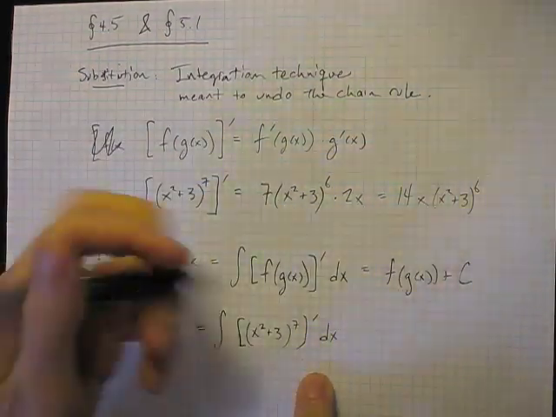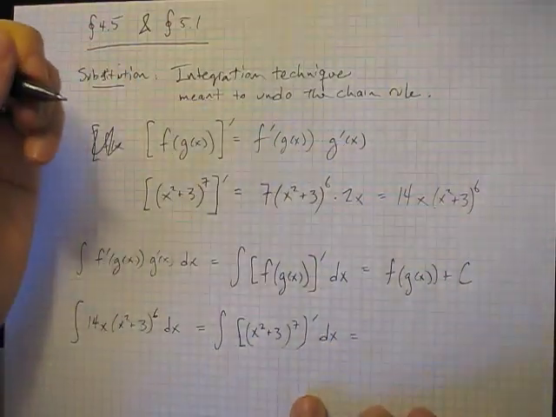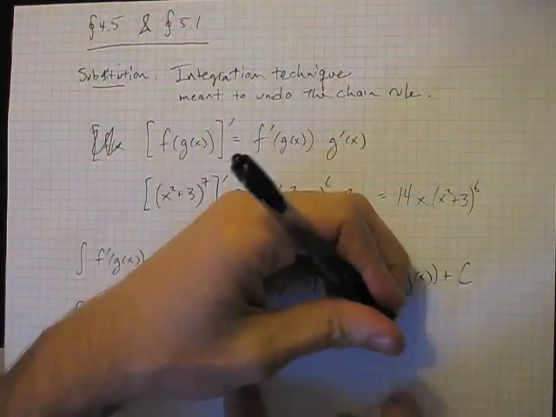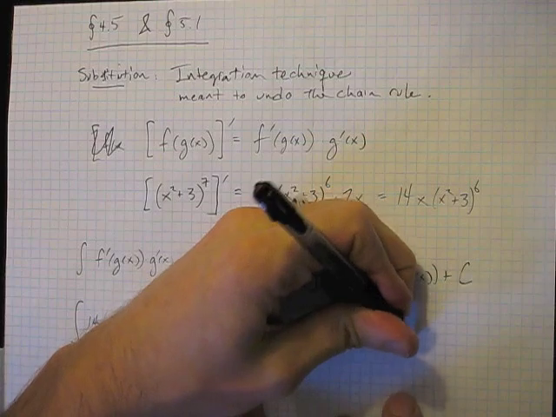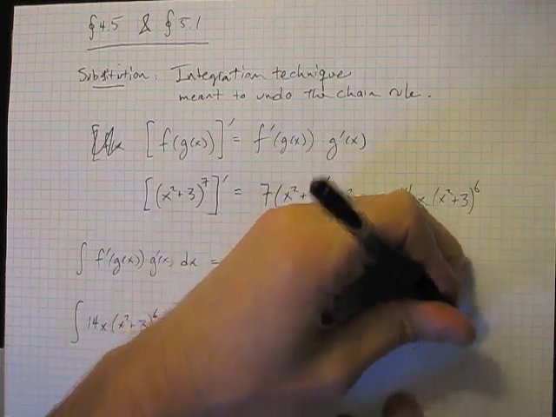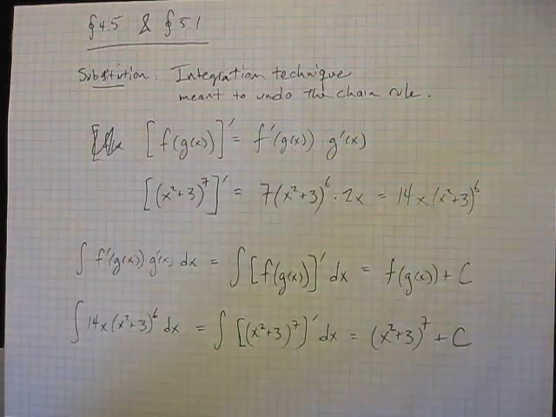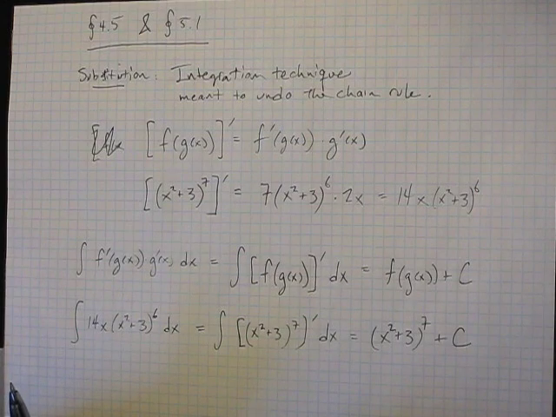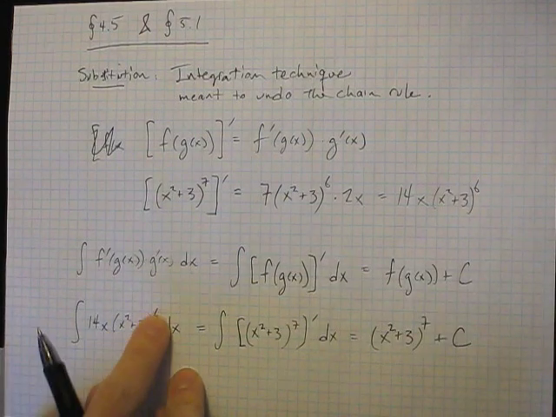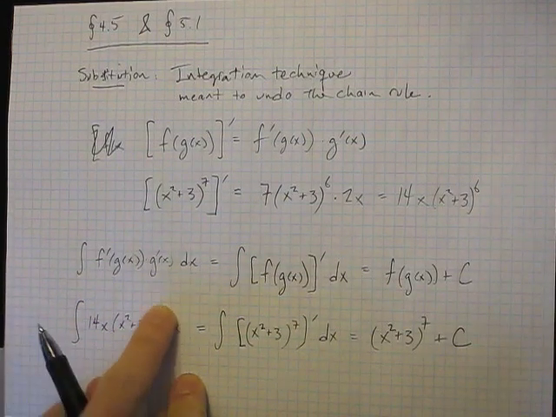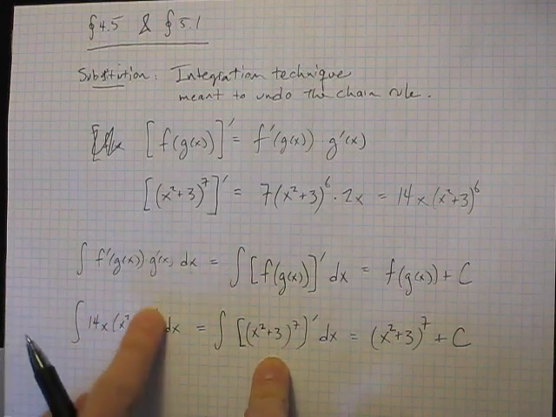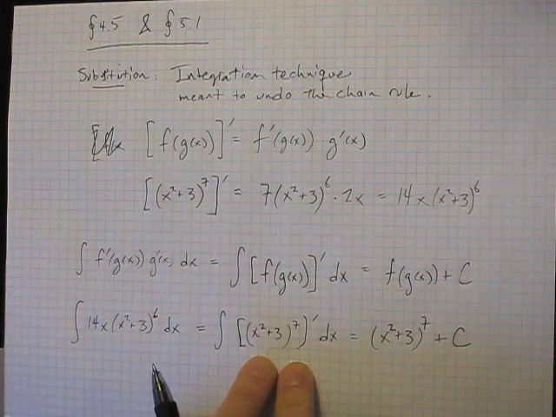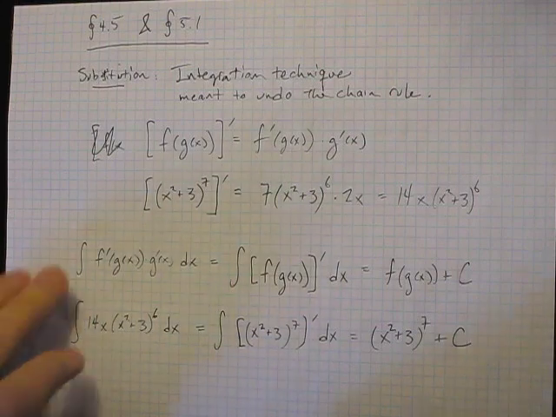And so we could cancel the differentiation and the integration to get x squared plus 3 to the 7th power plus c as the answer. Okay, but how do you do this? Looking at this and saying somebody took a derivative using the chain rule, getting from what's in here to what's in here takes a little bit of work.